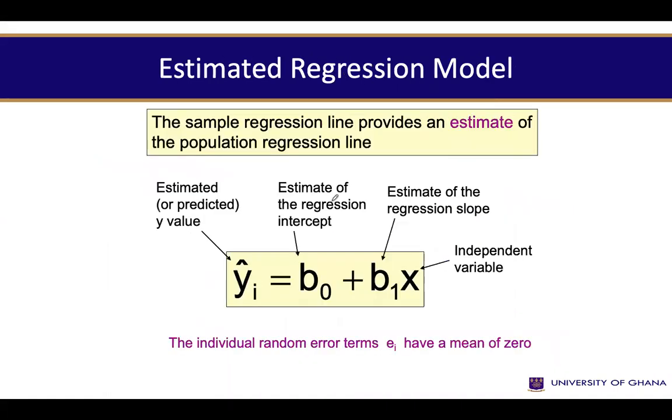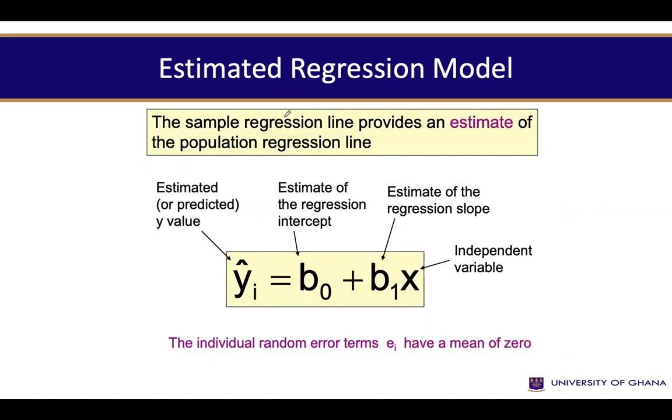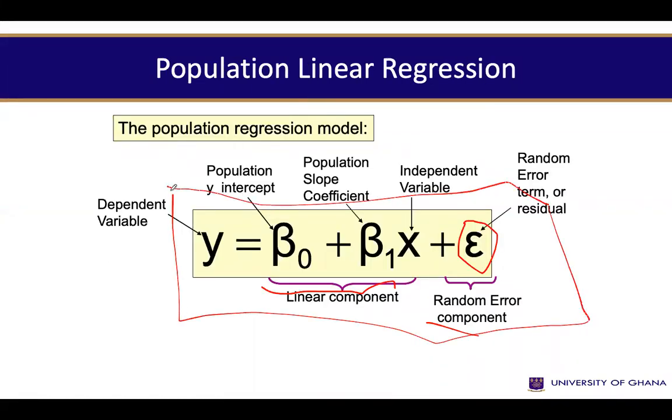Now, when you use this line to predict this parent equation, then you have an estimated regression model. So this model here is the population regression model, the specified regression model.